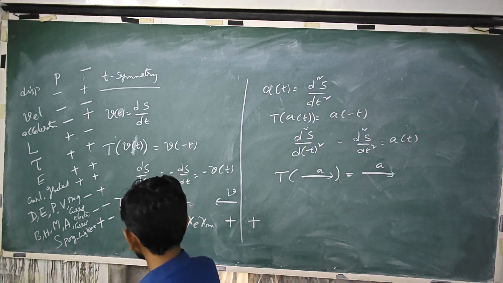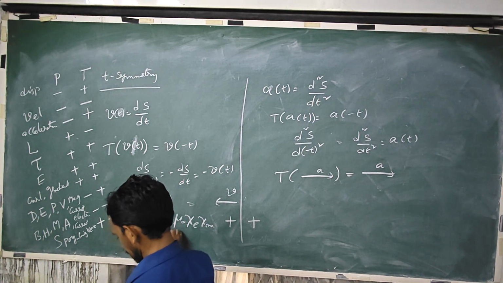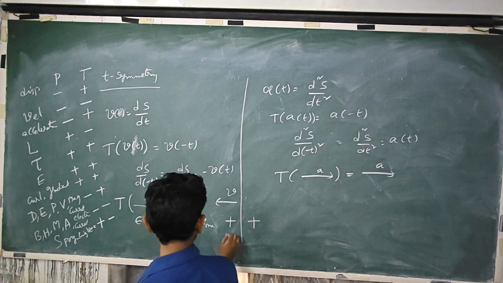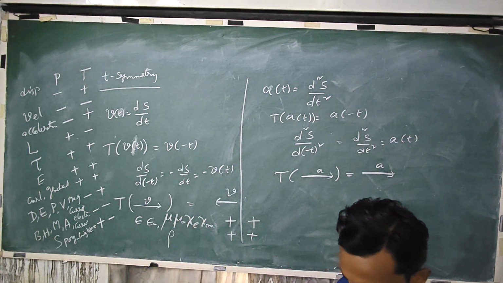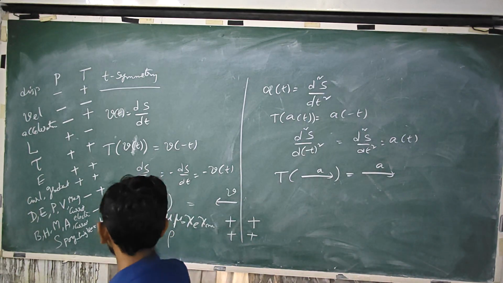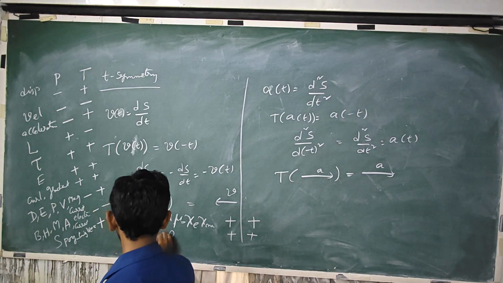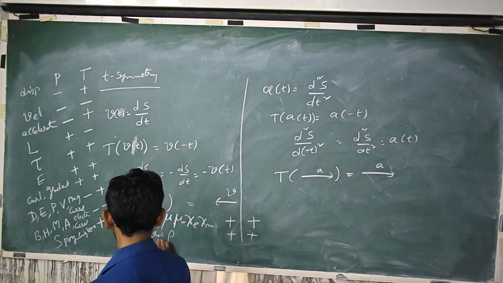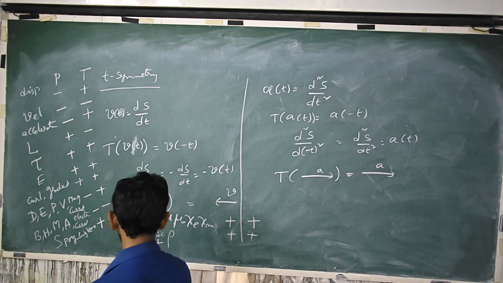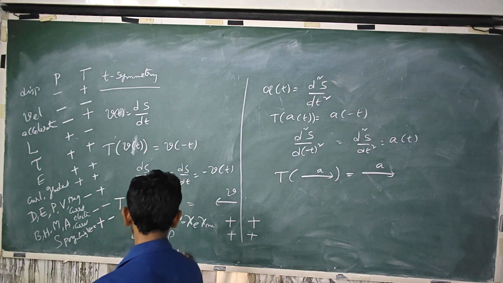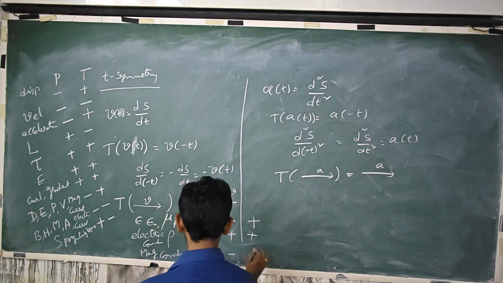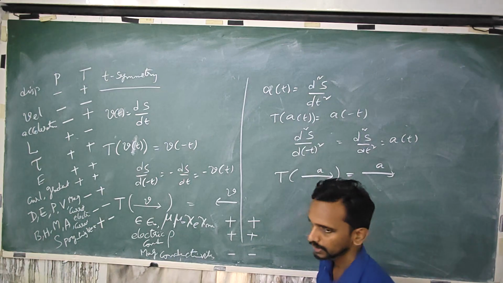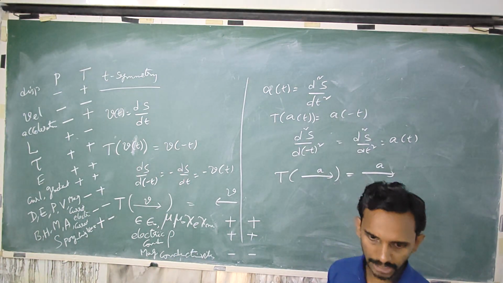Electric conductivity, both parity positive and time reversal positive. Magnetic conductivity, it's both parity negative and time reversal negative.